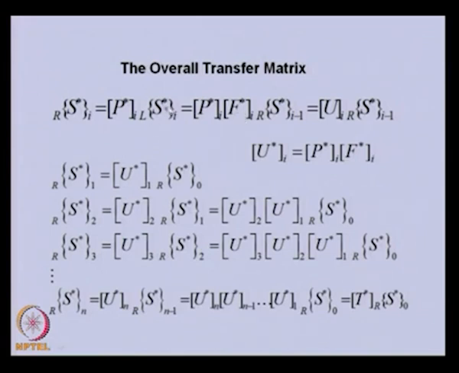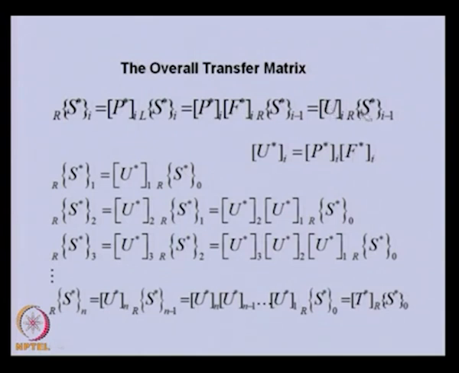So, if we substitute, we can relate the state vector right of the (i minus 1)th disk to the state vector right of the ith disk, and this P into F we call the transfer matrix.